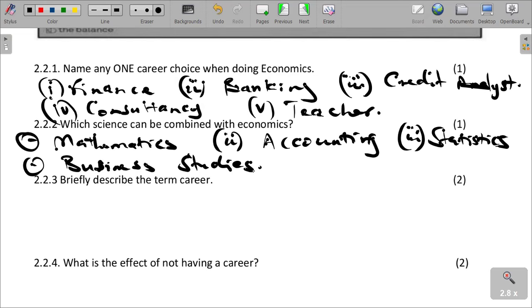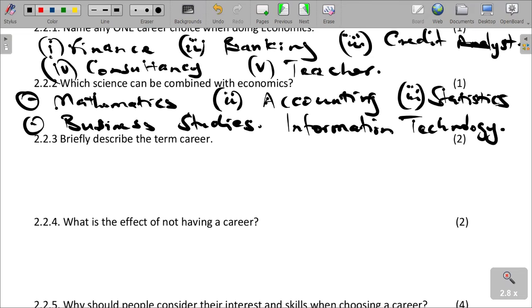And then I think again we can as well give IT there, information technology. Information technology can also be another subject that can combine together with economics without any problem.